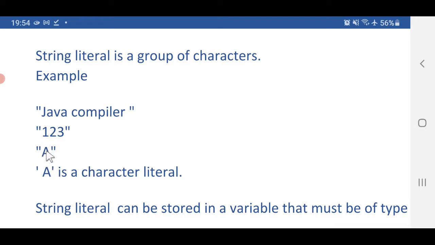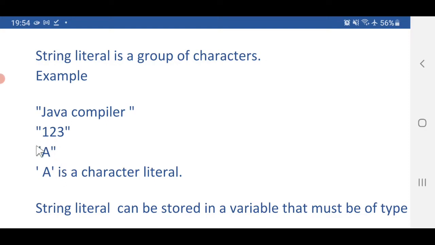Now here you can see character literal. Same A in the single quotes is written as character literal. So students, now you can understand the significance of having the double quotes, because it denotes that whatever is in the double quotes, it is basically the string literal for the Java language.